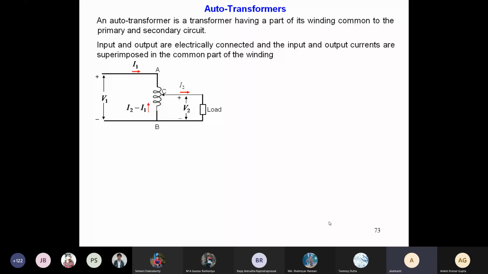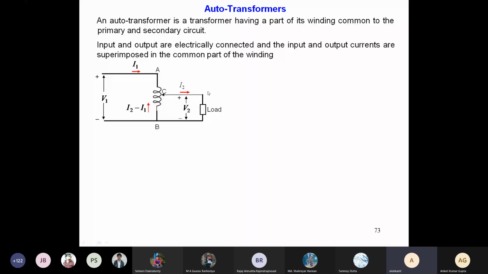So if your input current is I1 in the direction shown, and I2 is the load current, then in that segment BC, the current should be I2 minus I1 in this direction. Then only at C, if you apply KCL, there will be I2 going out.